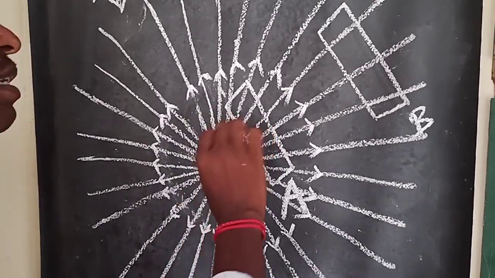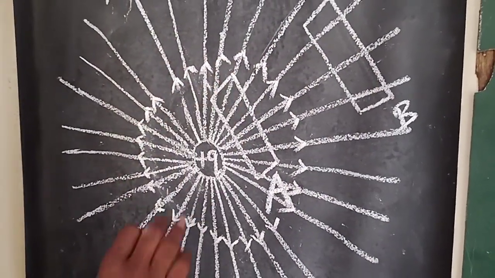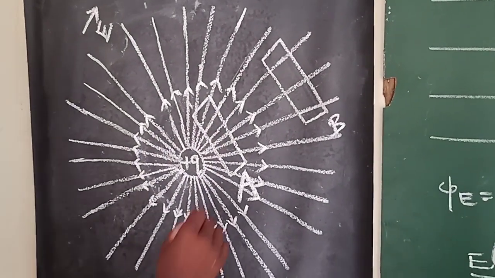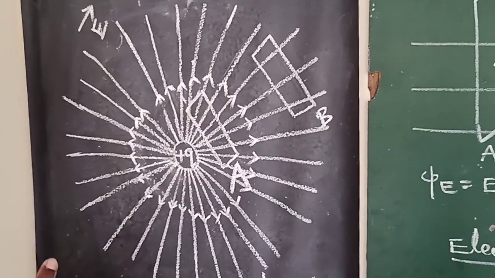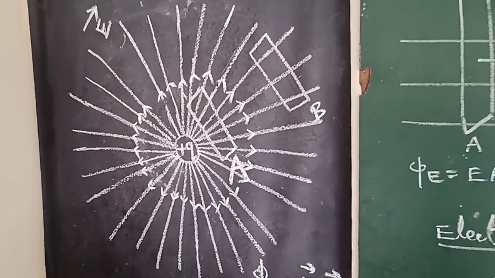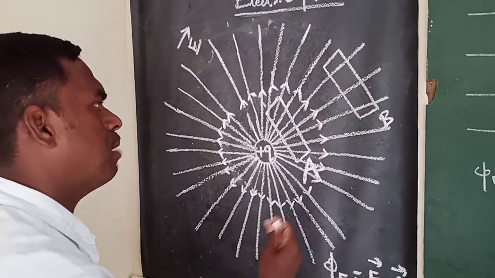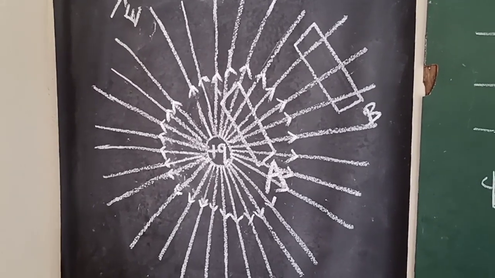The field is represented by lines. These are called electric field lines. Now, a rectangular area element is kept normal to the field lines.